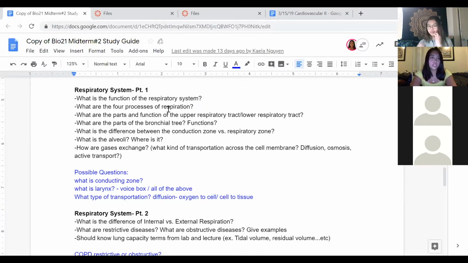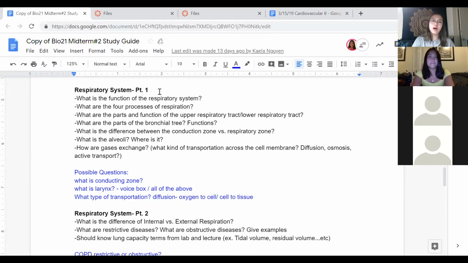And on her slide, she says the main function is to exchange gases, and other functions are to filter, maintain pH, control fluids, and homeostasis, if you remember that concept, trying to maintain balance within your body internally.